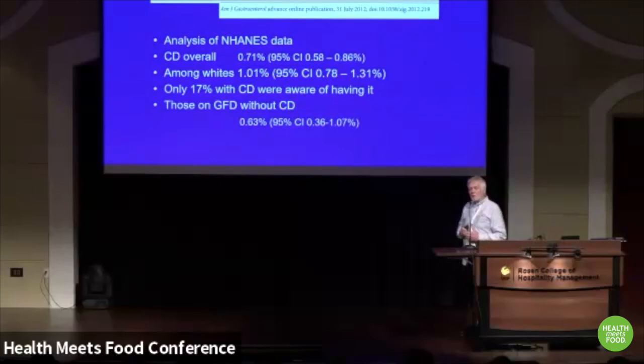And then a representative sample was taken for the estimation of the TTG and endomysial antibodies. And it was recognized then that 0.7% of the population either had doctor-diagnosed celiac disease or positive antibodies.